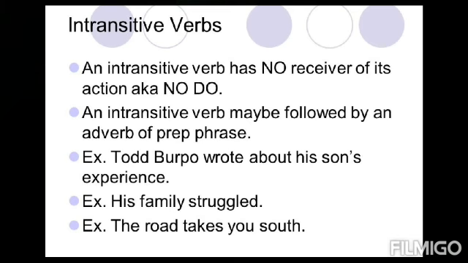Is brightly an object? I told you that to find out the object of the verb, we need to ask the question what or whom. So let us do that. The fire burns what? The fire burns whom? Still no answer we are getting. That means brightly here is not an object.